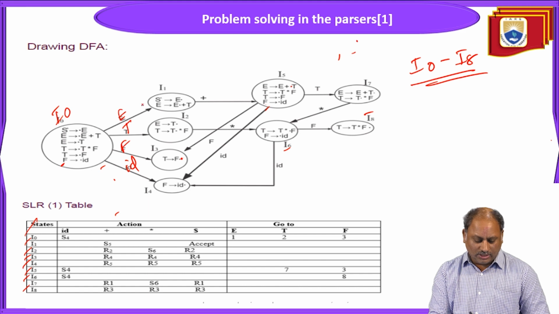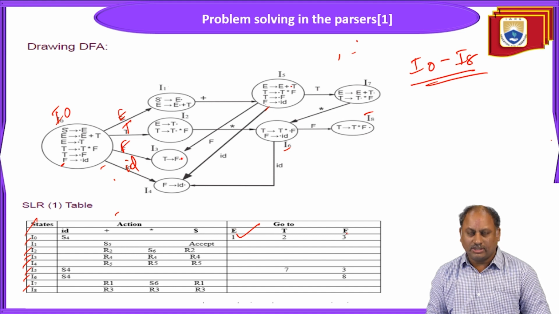Now, what state is it reaching? That is, I naught with capital E reaches I1, so capital E with state I1. So these non-terminals E, T, F are to be written column wise, and ID, plus, star, dollar symbol are to be written in the action part. So there are two parts column wise.